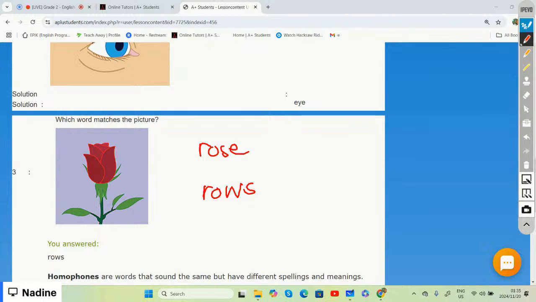Yes, I and I are homophones. Homophones are words that sound the same. Like look at these two words, rose and rose. They sound the same, but if you look at the spelling of the words, it's different, as well as the meaning of the words are also different.